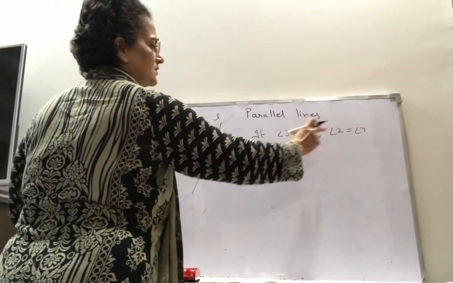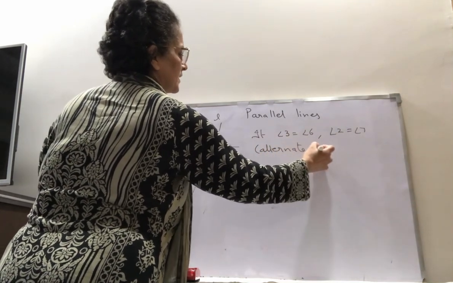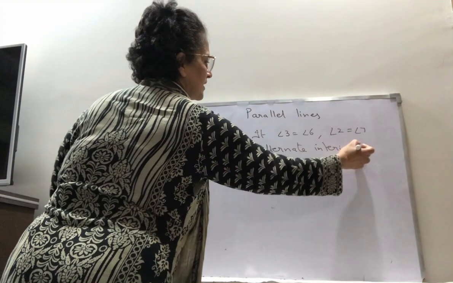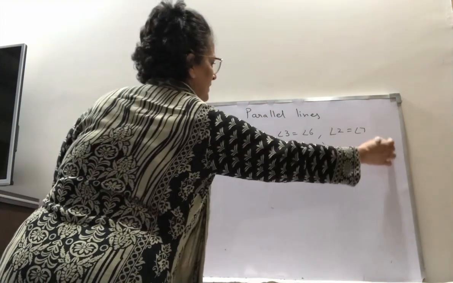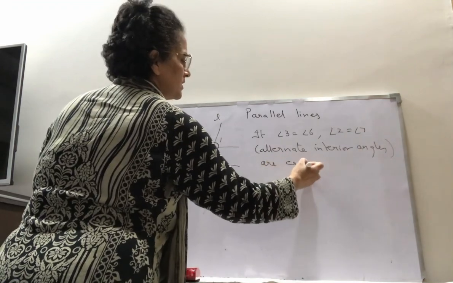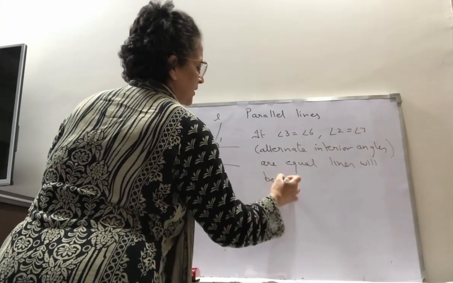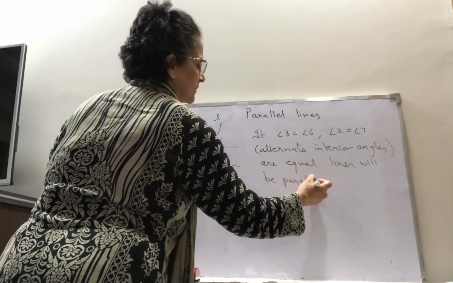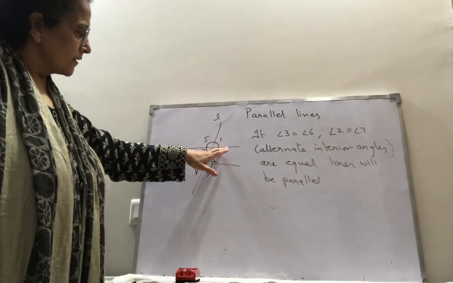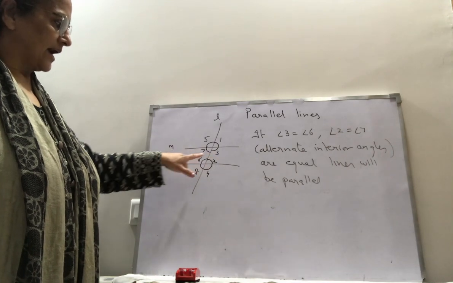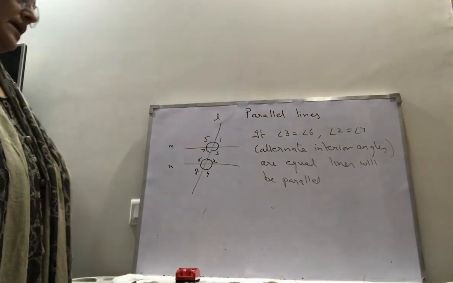So if these alternate interior angles are equal, lines will be parallel. So the first thing we understood is that if lines are parallel, angles will be equal. If angles are equal, lines will be parallel.